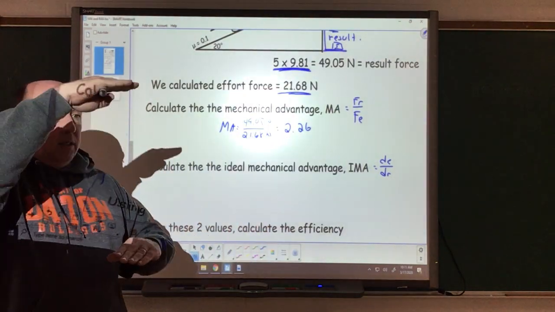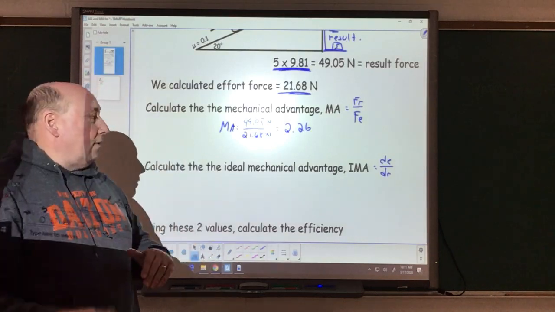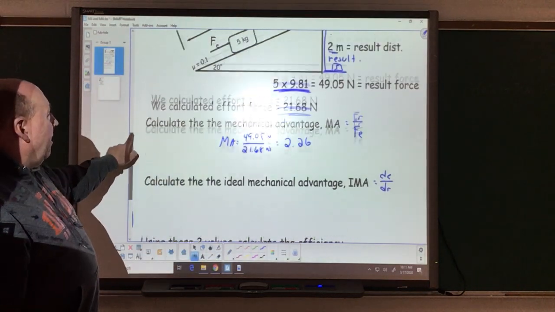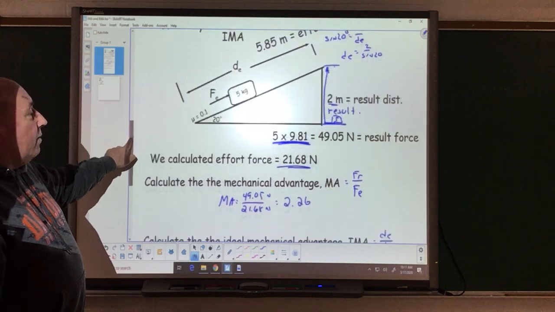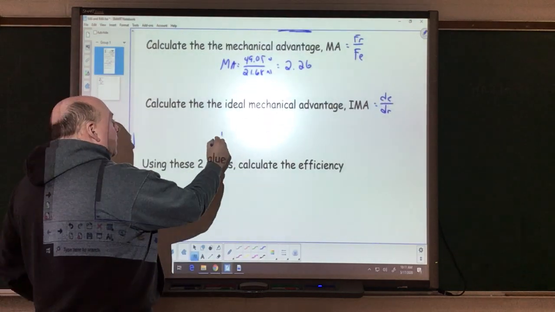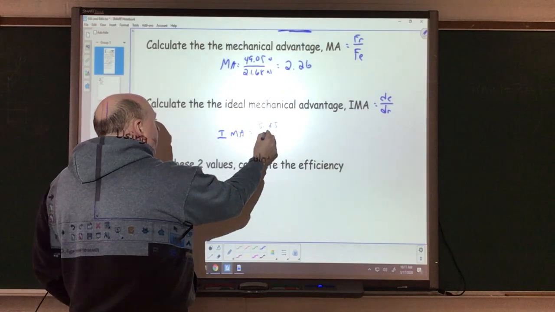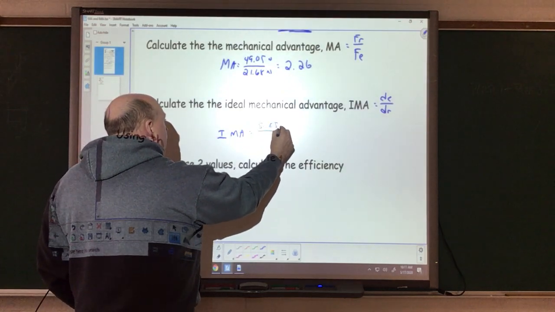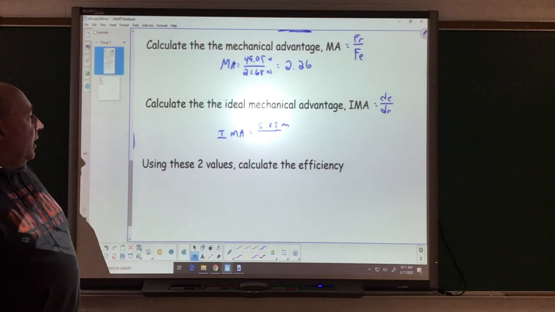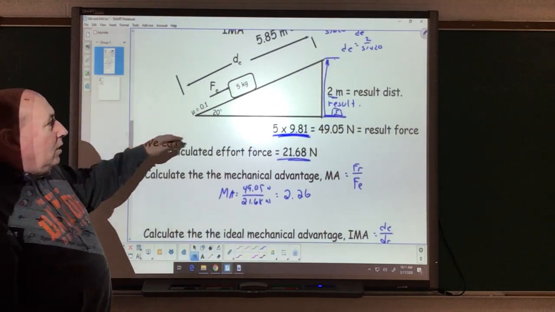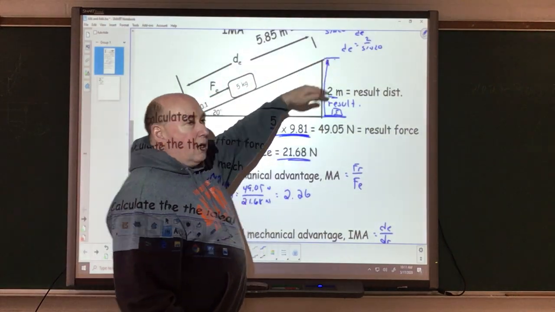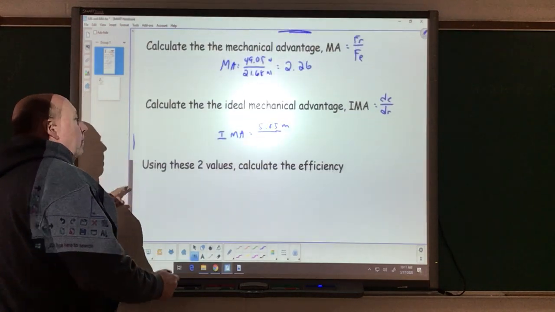The result distance is how high we had to lift it. So my effort distance we calculated to be 5.85, and that is in meters. And my result distance was just the result of lifting this up, which was 2 meters.